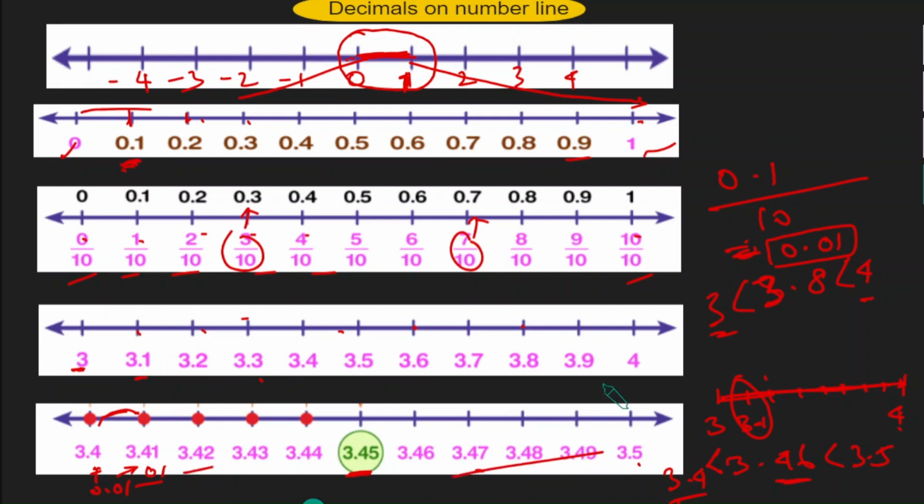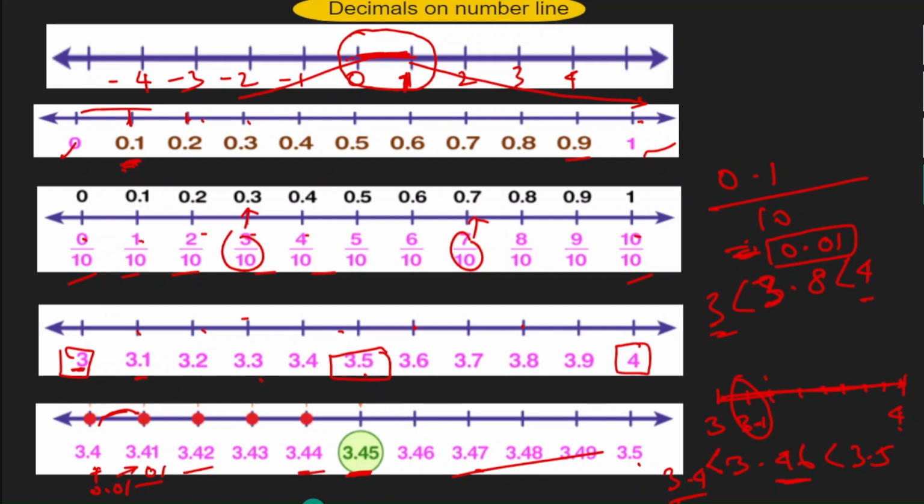So the first thing is, whenever you have a number given to place on the number line, you have to decide which two numbers it will fall between. If it is written with a single decimal place, you can see that it will fall between two whole numbers, like 3 and 4. In between these whole numbers, you can divide the line into 10 equal parts and put that decimal number with one decimal place.